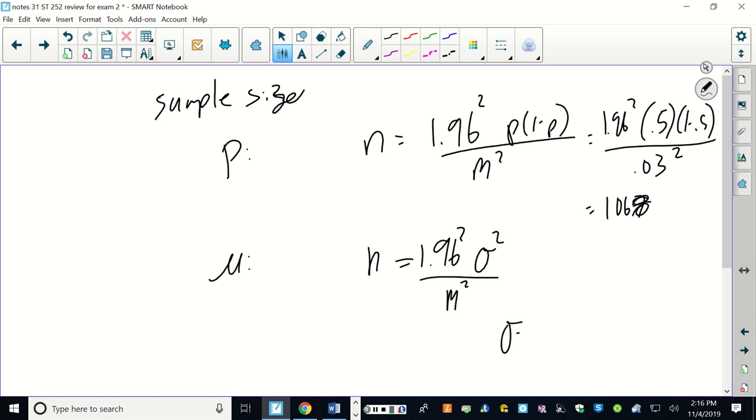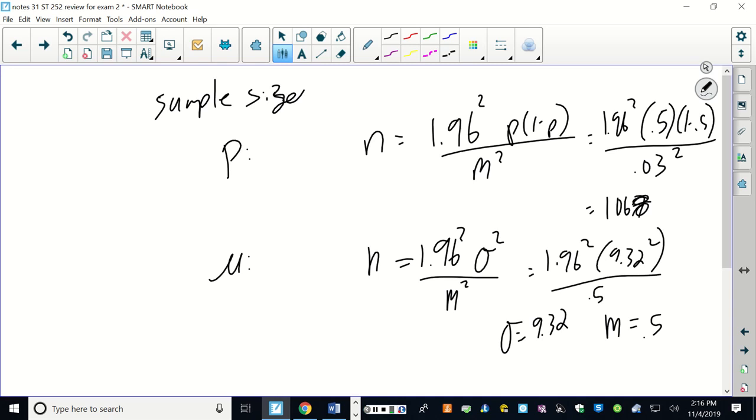So if our sigma was 9.32, approximately, and we want a margin of plus or minus 0.5, half a point on that PTSD scale, you could do 1.96 squared, and this would be 9.32 squared, over half a point squared.